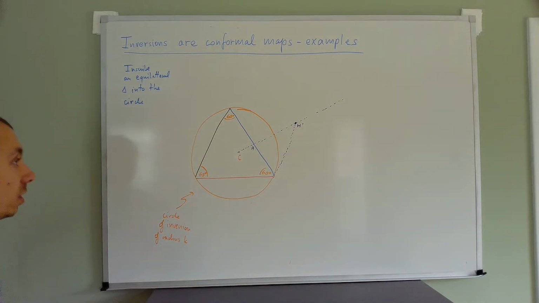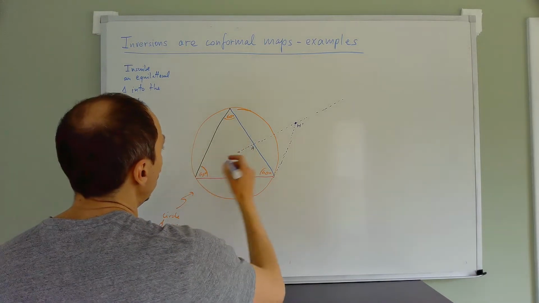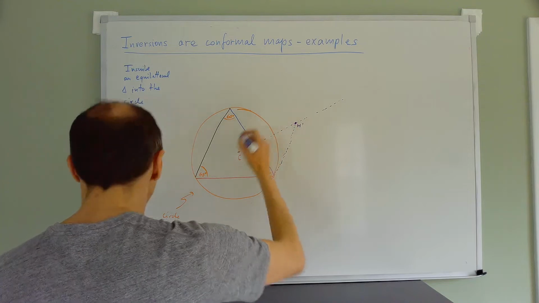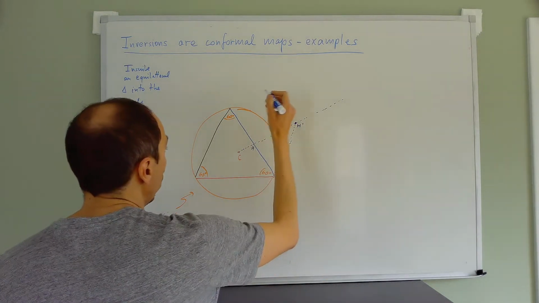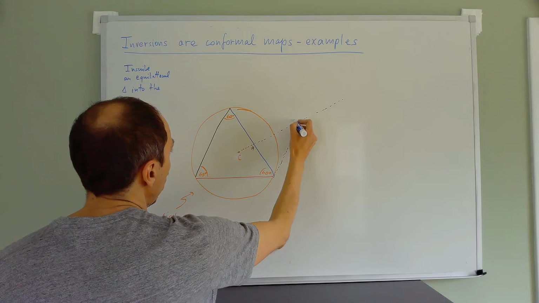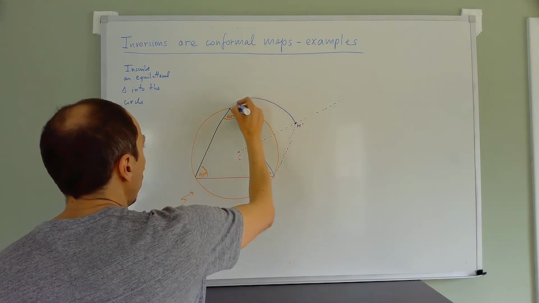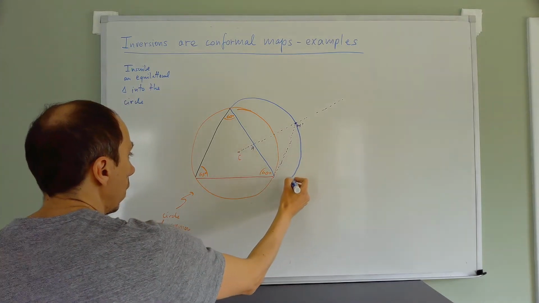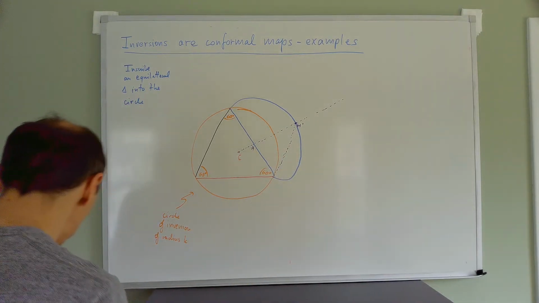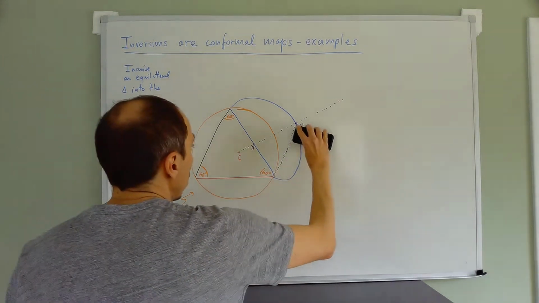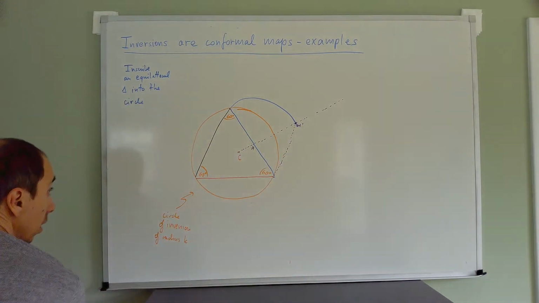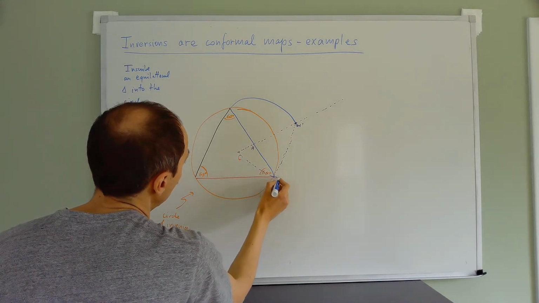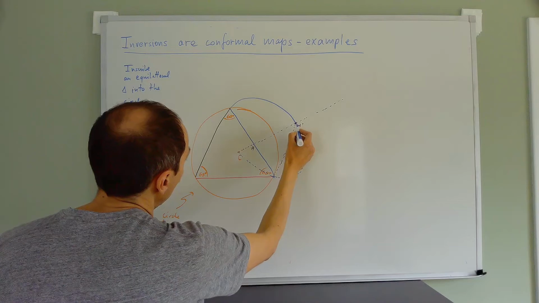Okay, I'm only interested in the outside part of the circle, not in the inside. So I'm going to connect these somehow. Now this looks terrible. Doesn't look like part of a circle at all. So maybe I'll try to go from here all the way out here.